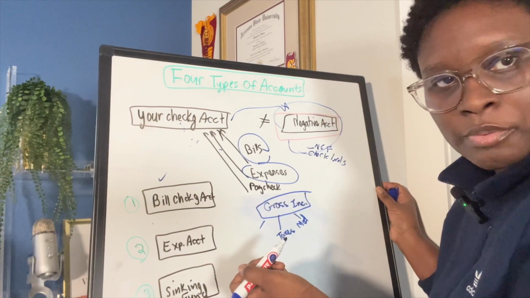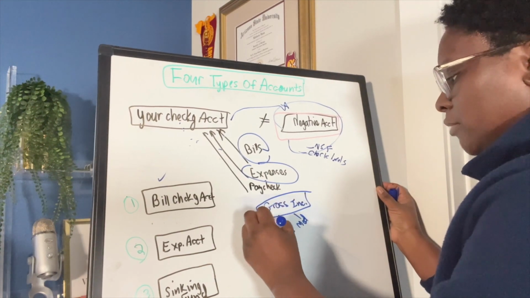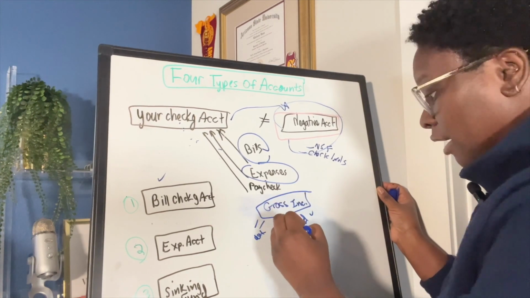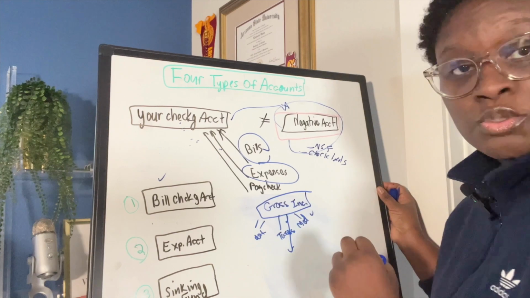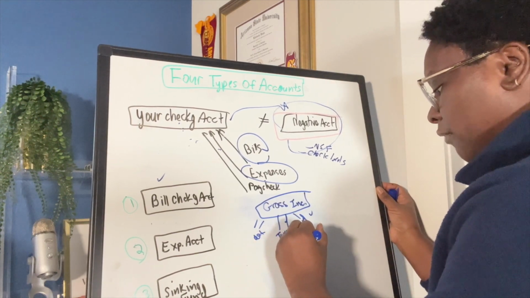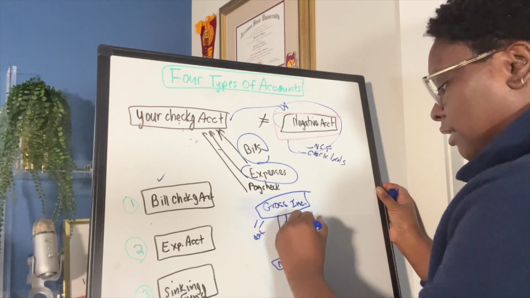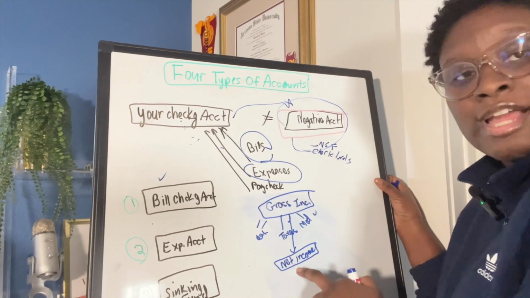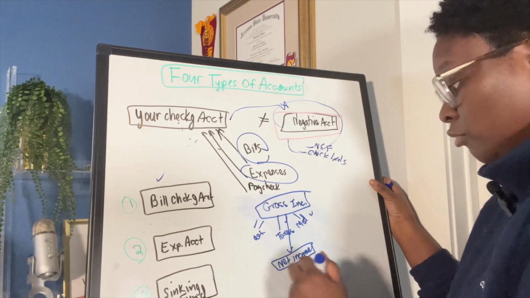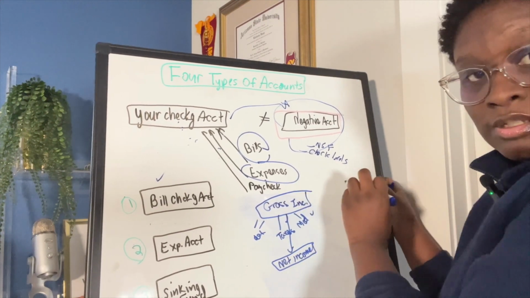If you contribute to a retirement account, that stuff all comes out of your check, right? So when you get your direct deposit, you don't get your gross, you get your net income. And your net income is the money left over after all the taxes and everything else have been taken out of your check.